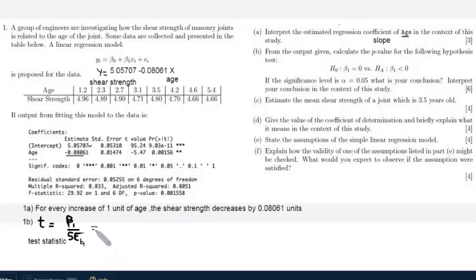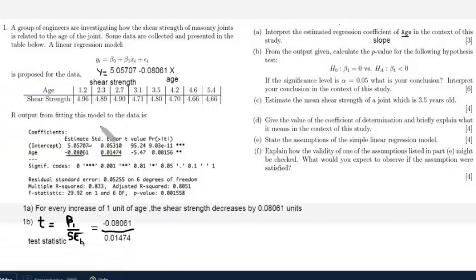Beta 1 here, as you know, is the slope, negative 0.08061. You can see it very clearly from here. The next thing is the standard error of the slope, which is given as 0.01474.